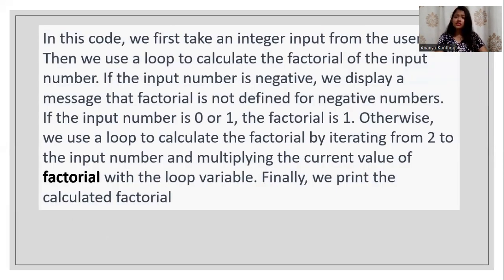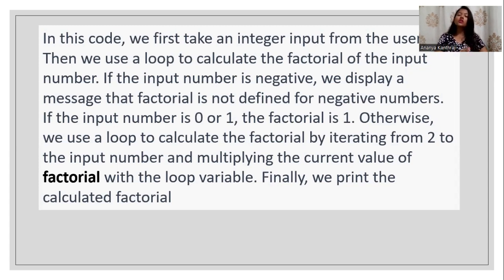So what are we going to understand from this code and how do we code it? The explanation is given in detail here. In this code, we first take an integer input from the user. Then we use a loop to calculate the factorial of the input number. If the input number is negative, we display a message that factorial is not defined for negative numbers.